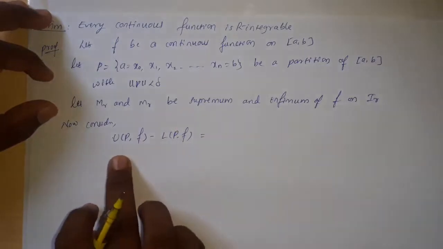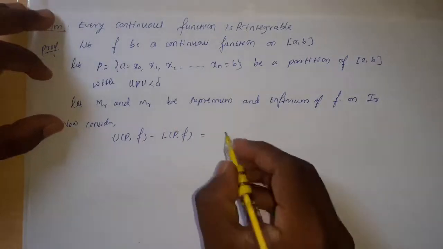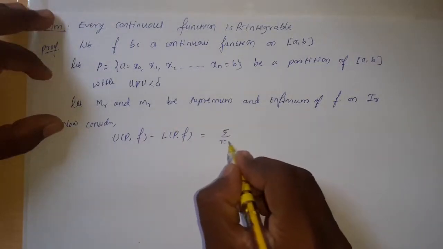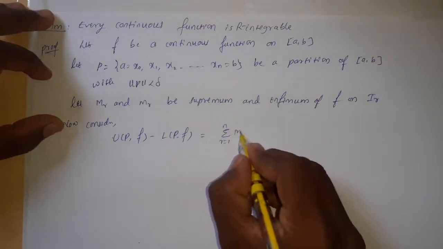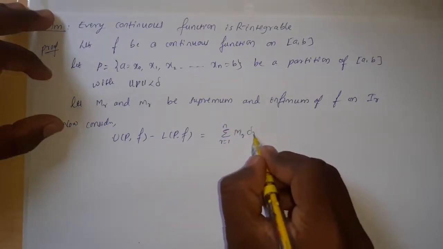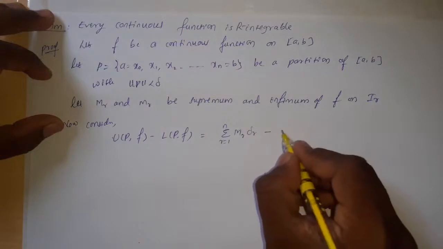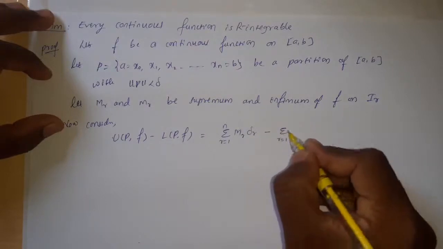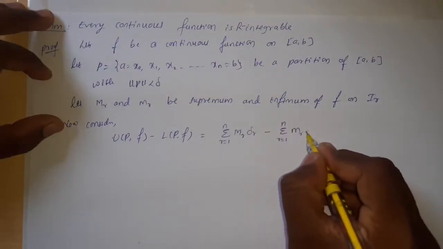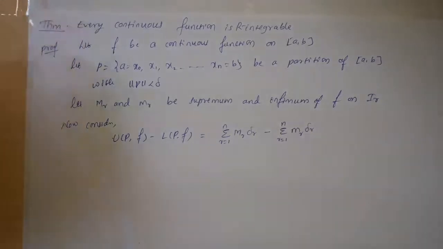By using the formula for the upper Riemann sum, it is equal to summation over r = 1 to n of capital Mr into delta r, minus summation over r = 1 to n of small mr into delta r.